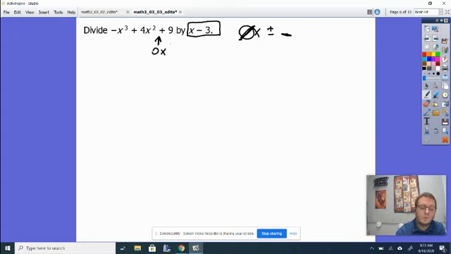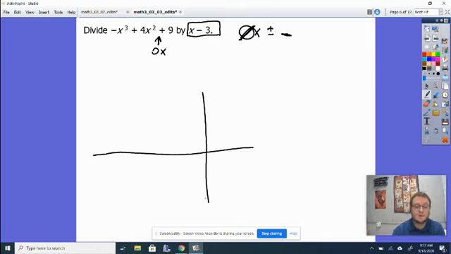What you want to do for setup is draw this. Okay, you're going to take your constant, put it over here. And then you're going to put all the coefficients. So 0, 4, -1. Okay, now it is very important that you put zeros.